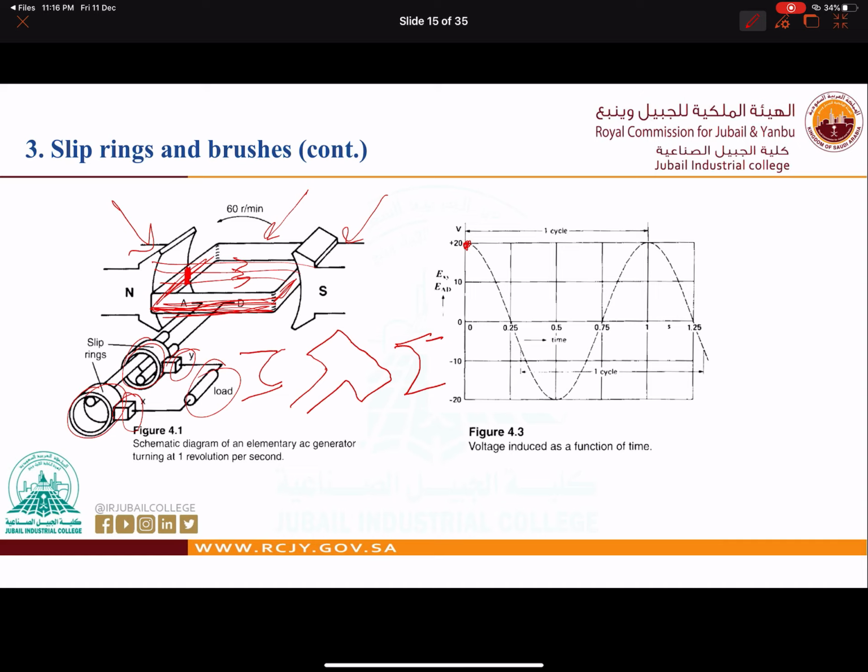So it is going to drop until it goes to zero when it reaches 180 degrees. Then when you reverse direction, the current will be reversed until it reaches the maximum negative voltage, or negative current if you want, and it will go to zero and so on. So we will have an AC current and AC induced voltage.